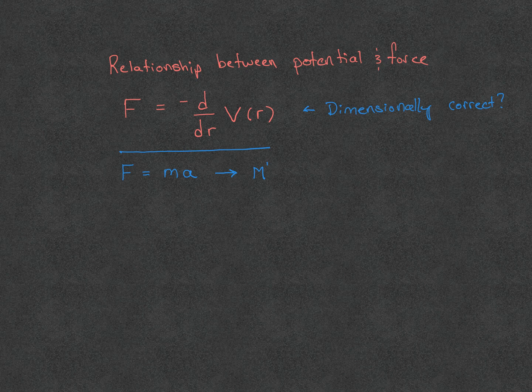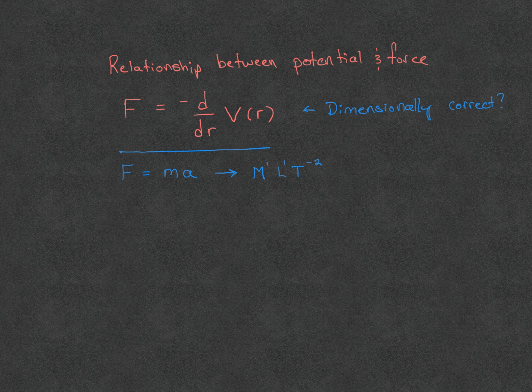So acceleration has dimensions of length to the 1 power times time to the minus 2 power, okay? So the dimensions of force are mass to the 1, length to the 1, time to the negative 2, okay?